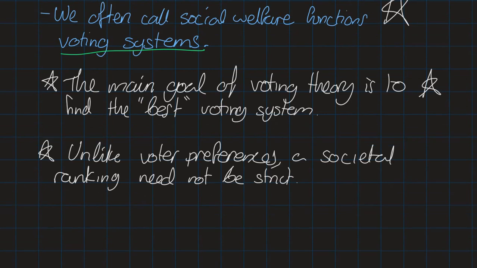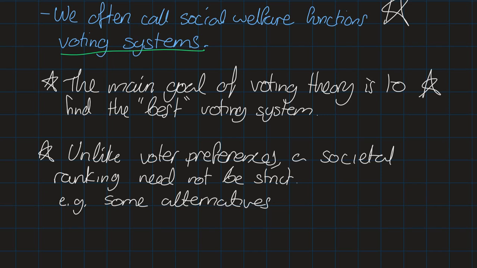So, for example, some alternatives might be ranked equally. The voting system might tell you that there's a draw and there are two people that came in first. Okay, that's the point I'm trying to make.